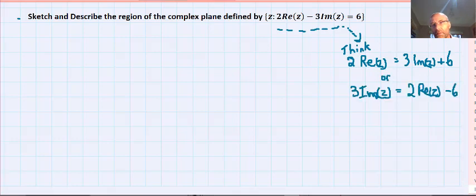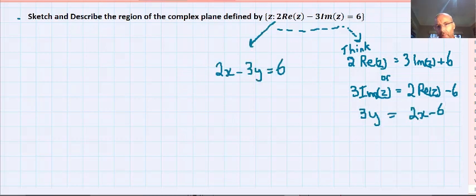Or you could think in terms of the other way around, 3 times the imaginary z equals 2 times the real z minus 6, just rearranging that. So we could think of it in terms of that. Or you could just leave it in implicit form, and we can consider that as 2x minus 3y equals 6. But to justify it, this is a bit like thinking it through, but you can probably see the links between Cartesian and the Argand based forms.